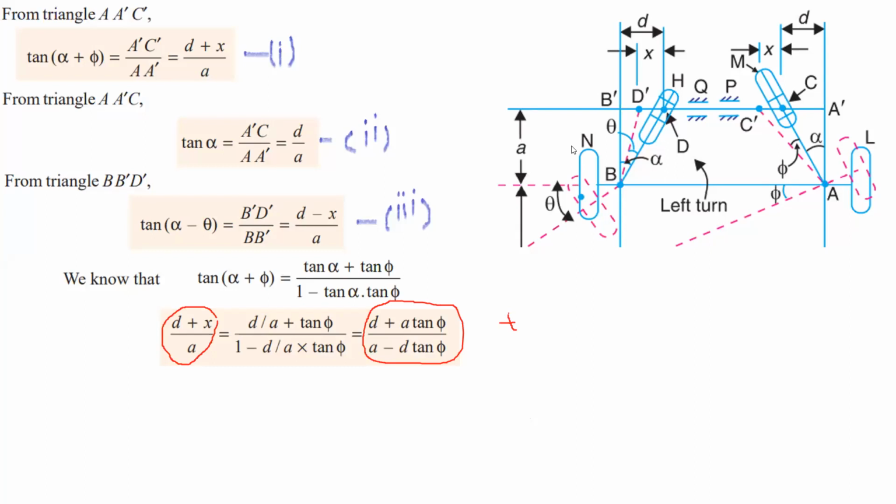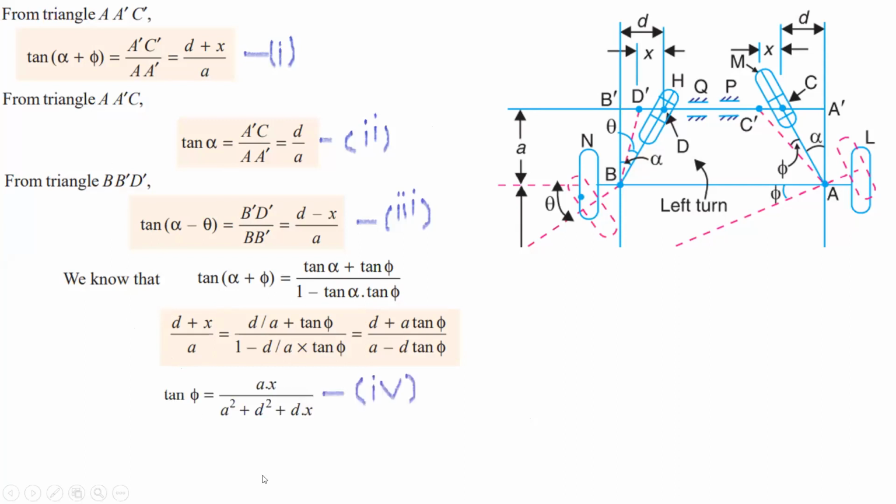So see, all of you, if you are getting this. So in this equation we get tan phi equal to ax upon a square plus d square plus dx.